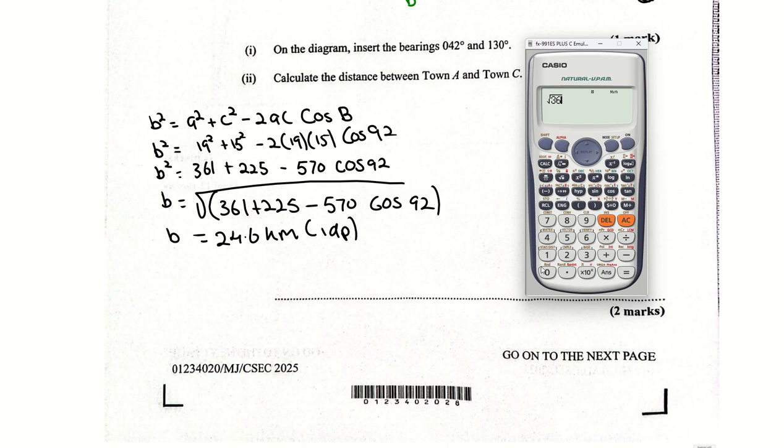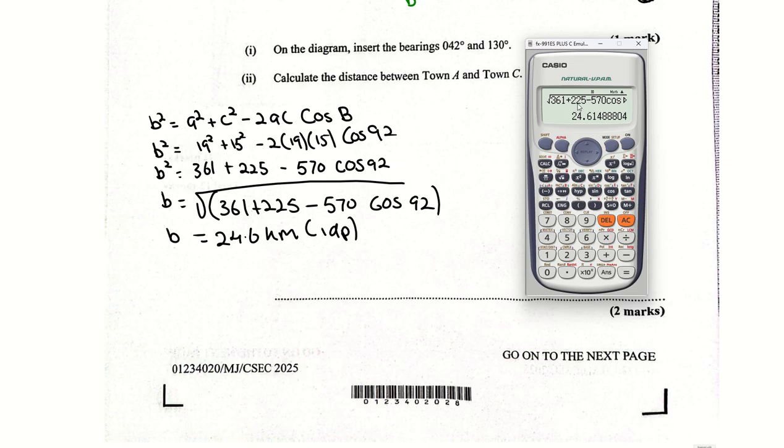So 361 plus 225 subtract 570 cos 92. Close bracket there. This D here is for degrees. You press equal, and I am going to get the same answer.